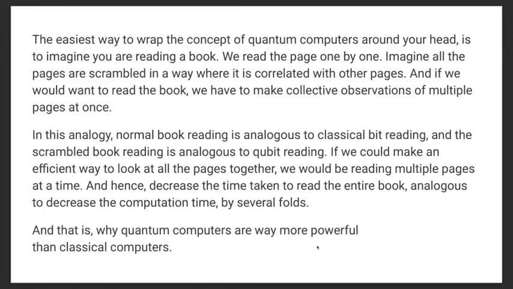Let us imagine that by some phenomenon we are able to scramble all the pages. So every page is a superposition of all the pages, and we are somehow able to read all the pages at once. And with that, we descramble the content we have read and then take in the information.